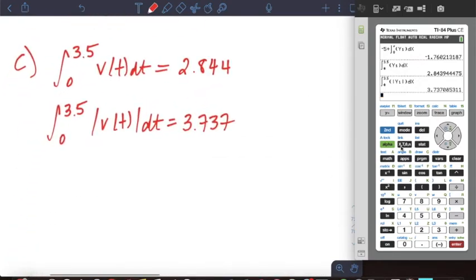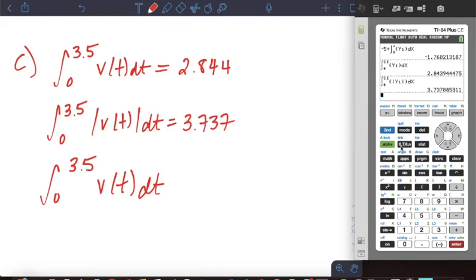So let's take a look at the first integral. The first integral is just your displacement. This is how far we traveled. No, this is not how far we traveled. This is the displacement of the particle. So from 0 to 3.5, my changed distance is 2.8. That's all that I ended up essentially moving from start to finish.